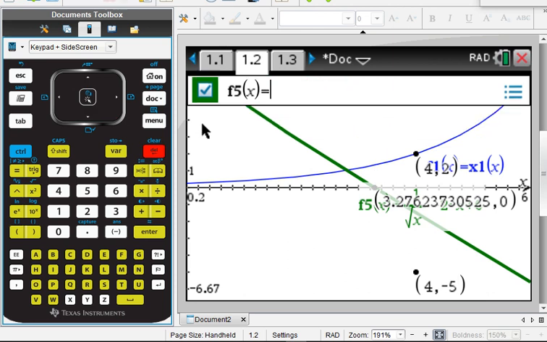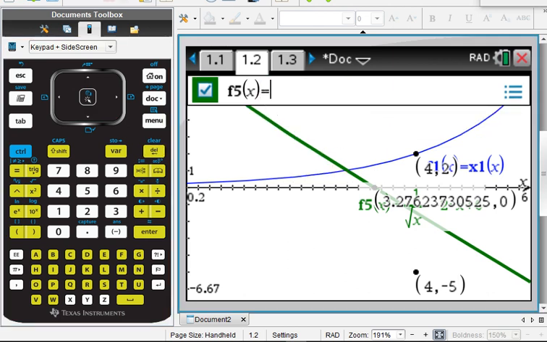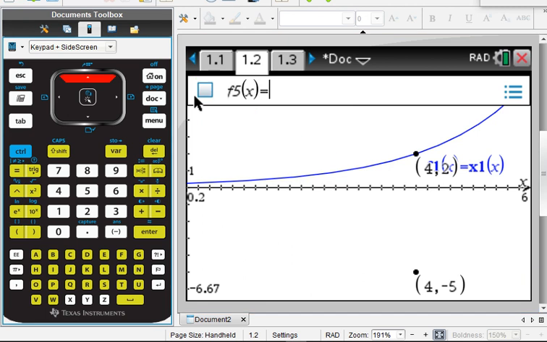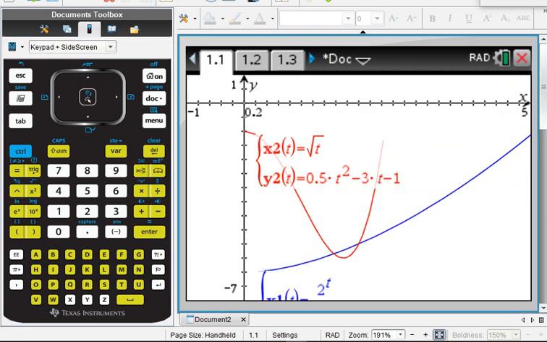Maybe you have to delete it there. Okay, there we go. I guess the clear doesn't work too well here. Let's try delete again instead. Okay. And then, oh, I don't think we've changed our functions, have we? Yeah, we have. Let's just start a new document. That'll be easier.